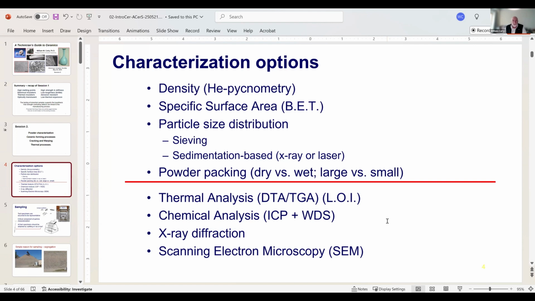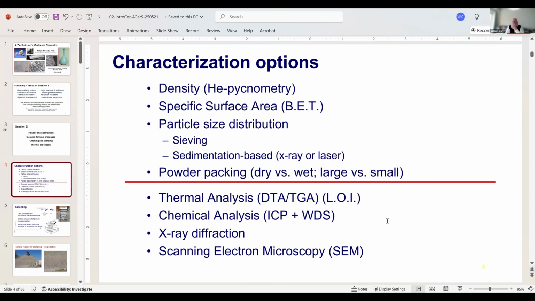Examples of that are the paper industry. Other than that, materials that come in have to be ground, and that produces a log normal distribution, basically. So we need to characterize those materials because that distribution and the particle size affect our process and it affects packing.